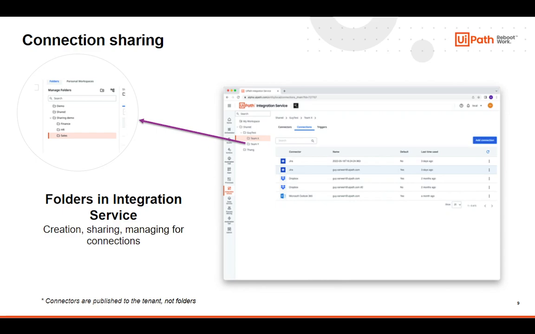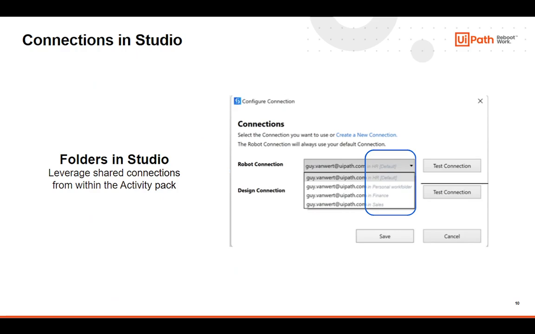Orchestrator has the one folder that is called your personal work folder. If you don't want data to be shared, any of your assets within Orchestrator or any of your connections that you'll be creating through Integration Service, that is exactly the folder where you will move them into, your personal work folder. And they will show up here as well, and we will clearly identify this is that connection in that personal work folder.